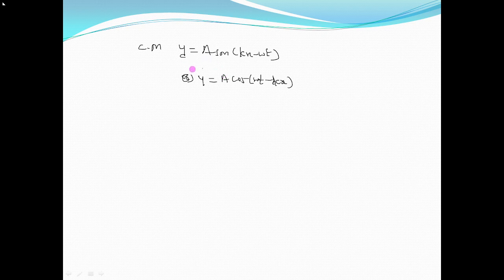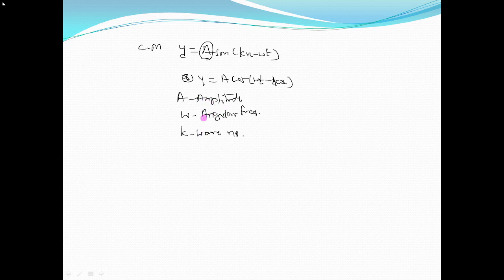In this, what is a? A is amplitude. What is omega? Angular frequency. And what is k? Wave number.